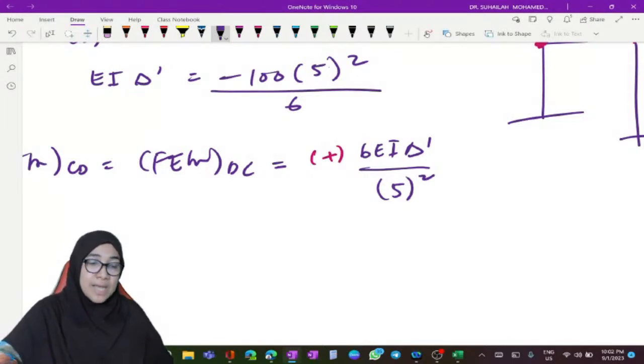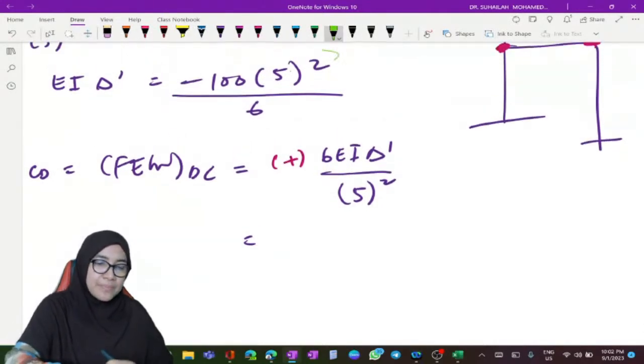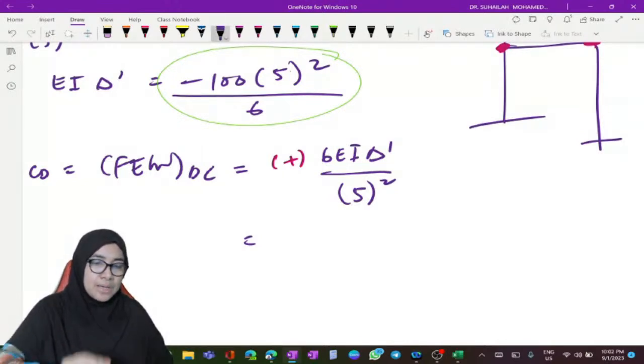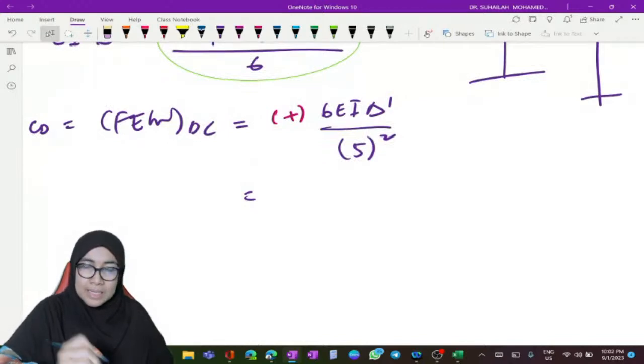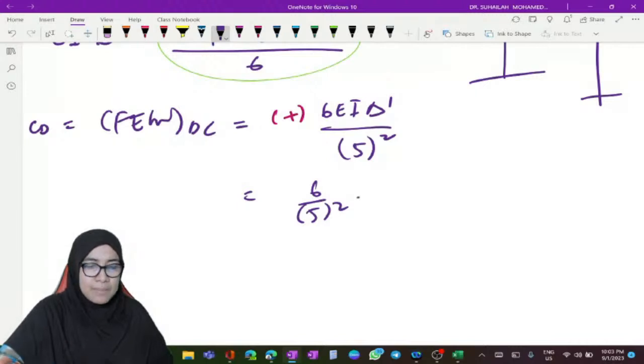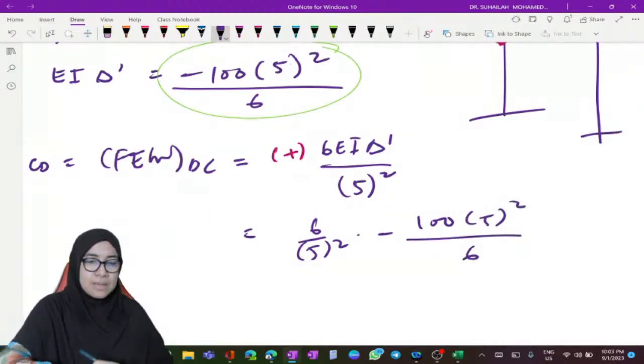So what we get when we substitute EI delta prime, which is equal to negative 100 times 5 squared divided by 6, is 6 over 5 squared times negative 100 times 5 squared divided by 6.